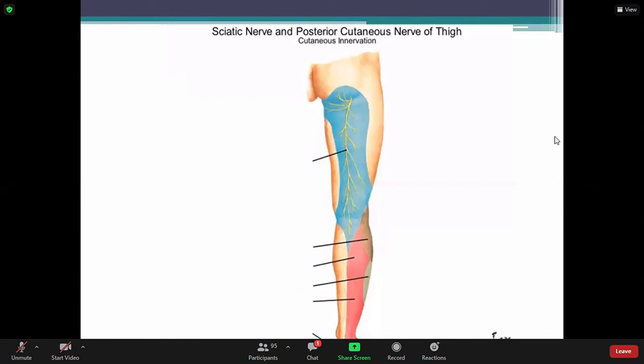Joint protection really, Doc, because the function of the bursa is to cushion between two structures.